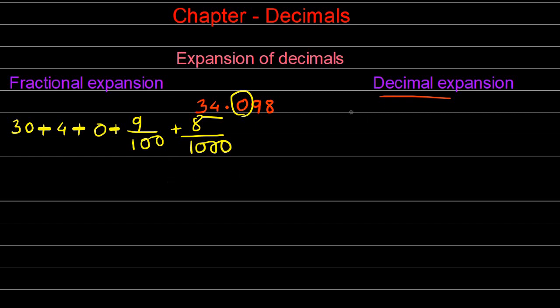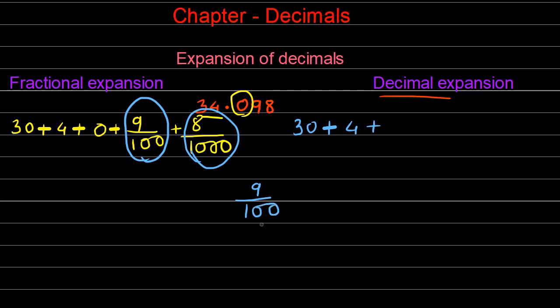Now how to write the same number in decimal expansion? Instead of this fractional form, we just need to write their decimals. Now how to do that? 30 plus 4 will be as it is because they are whole numbers. Now there will be a change. 0 will be 0 itself, so you don't need to write 0. Then 9 upon 100. As we have seen, to write 9 upon 100 in decimal form, how many zeros do we have?